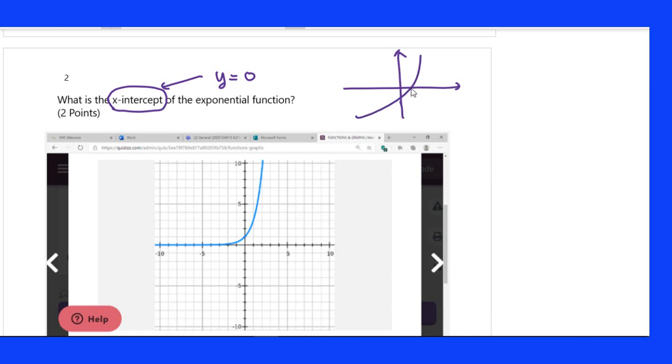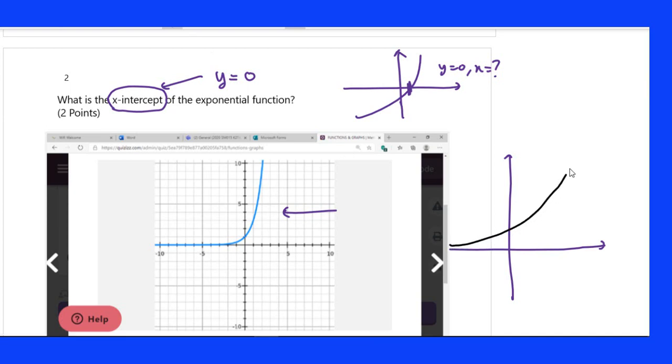The x-intercept is here, when y is equal to 0. What is the coordinate for x? Now, re-sketching the exponential graph, the graph is like this.